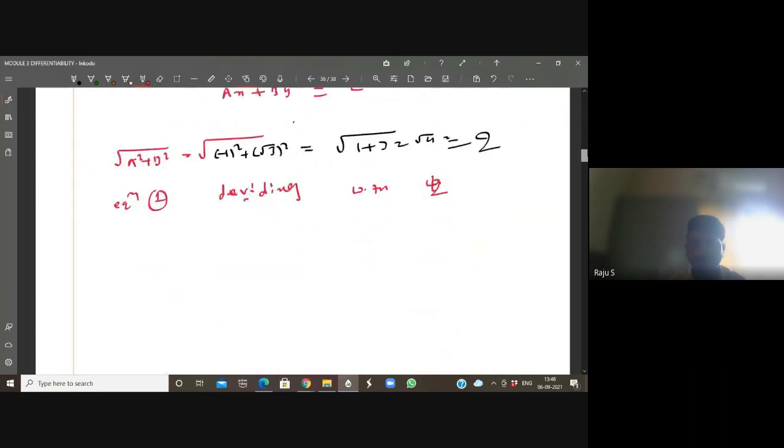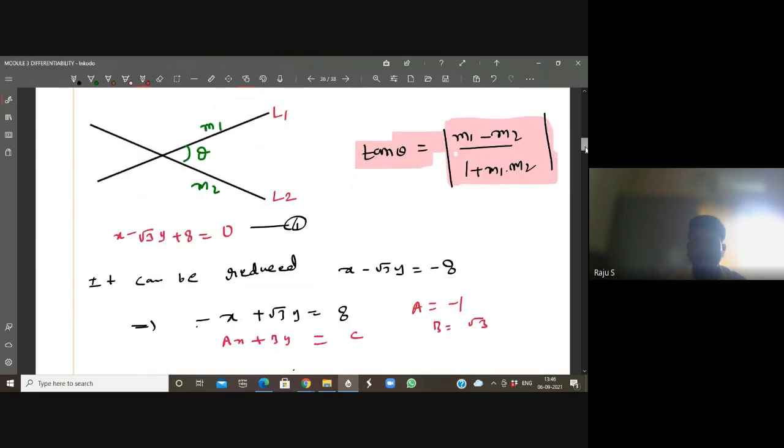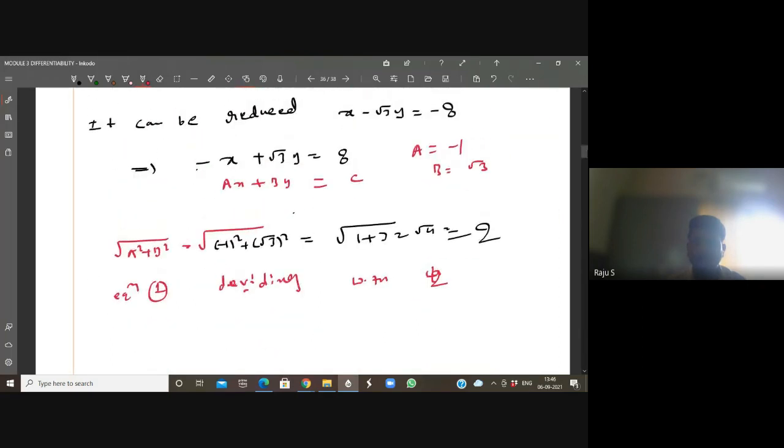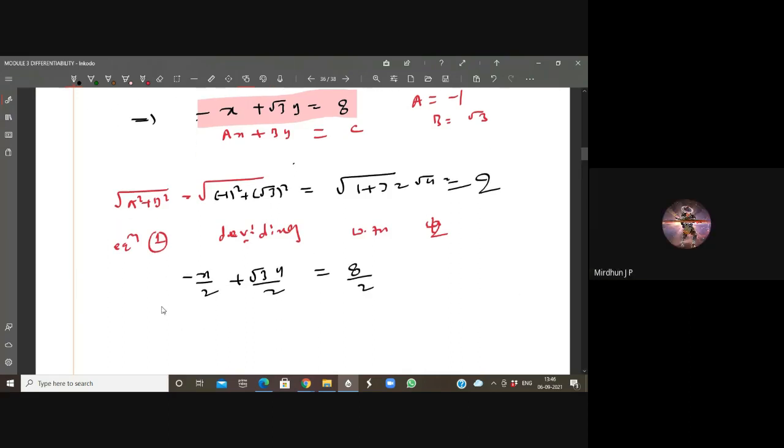When I divide with 2, what does the equation become? Look at here, this equation, you divide with 2. Minus x by 2 plus root 3 into y by 2 is equal to 8 by 2. So now we can write it as 4, sir.